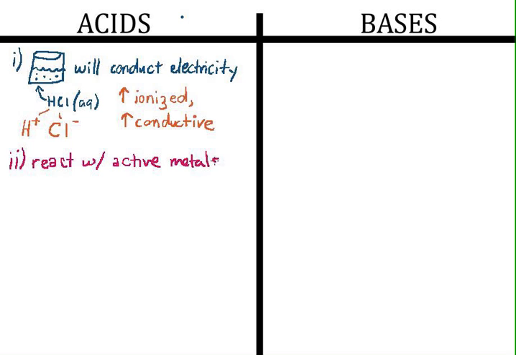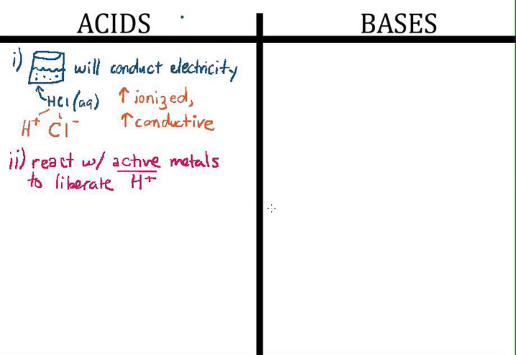Again, this is with active metals as opposed to, say, transition metals. So this will be groups 1 and 2, think. So active metals to liberate hydrogen cations.